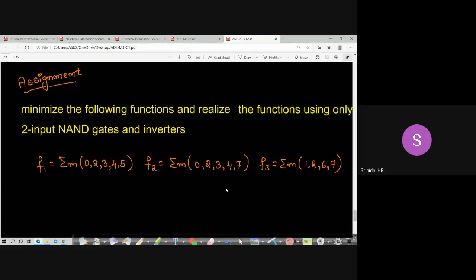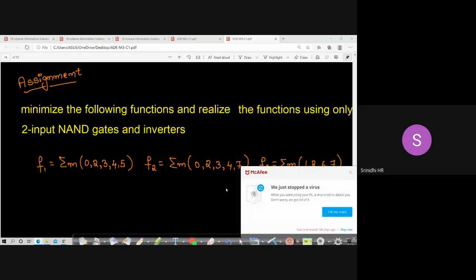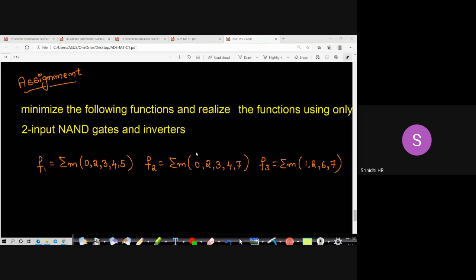We have inputs, function 1, function 2, function 3. Plot the K map for all these, obtain the equation, and generate the circuit. Please go ahead with this particular problem. If you can solve this problem, you can understand your concept of gate fan-in and delays. Finished copying down the question? Can we go further?